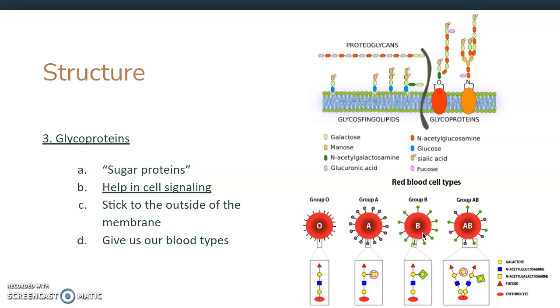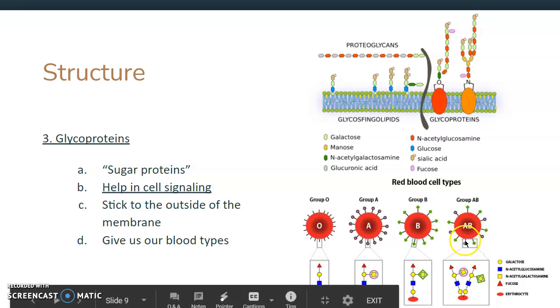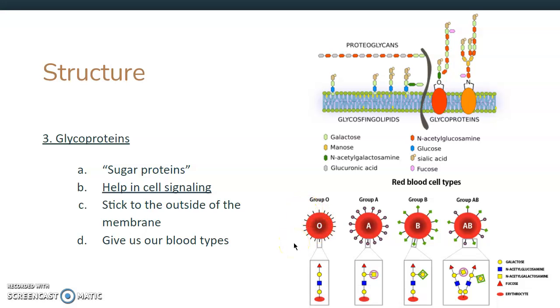So the most complex one is our AB. We can see there's a bunch of different types of sugars. Our B and A are similarly complex, but just different types of sugars. And then our O is the simplest type. So each person has a different type of red blood cell, and it's just talking about the sugars on the outside of them.